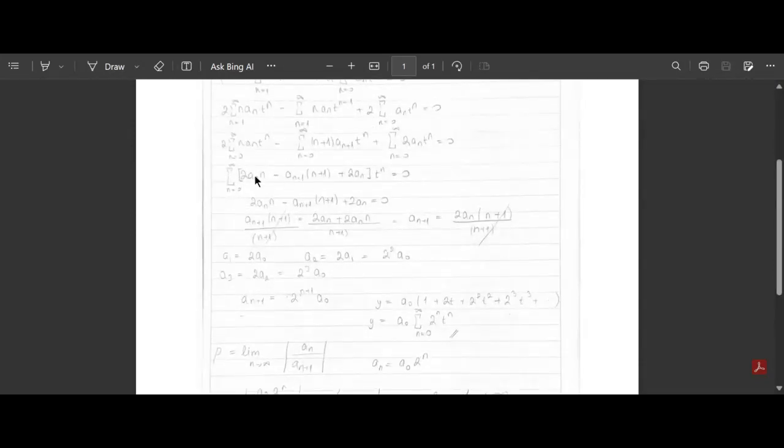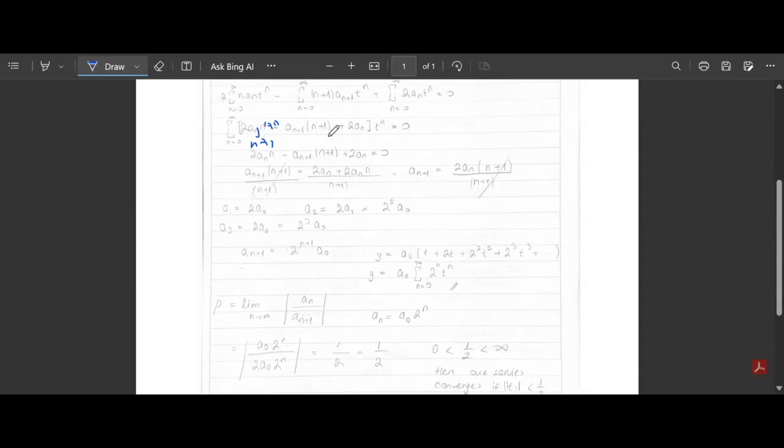Should I write on it? n plus 1, and then this is n plus 1 as well. I'm sorry, I can't write on it, but I did the correction there.